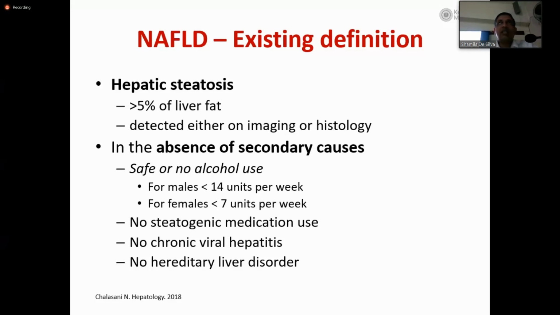So this existing definition needs the demonstration of excess liver fat more than 5% and the absence of alcohol mainly, because as the term implies, we are mostly concentrating on non-alcoholic fatty liver disease.